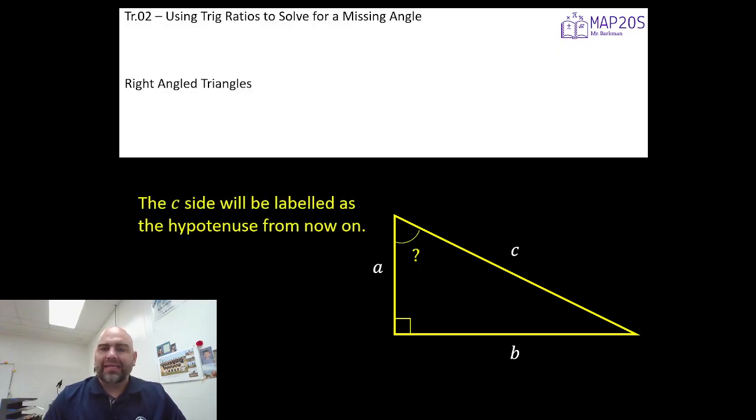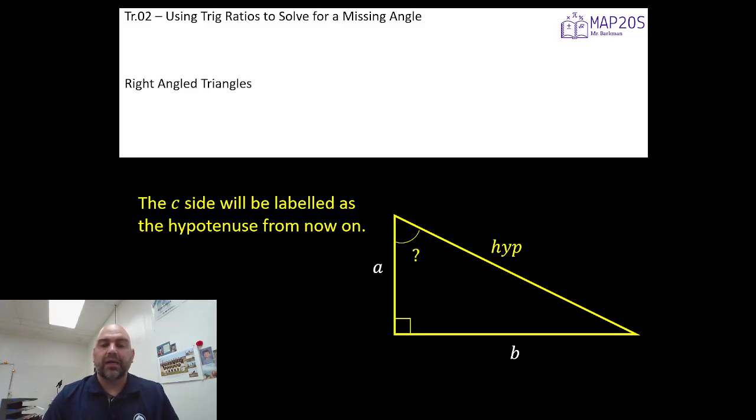First of all, we're going to look at the C side. C is a very specific side of our triangle. You may already know, and you can see on the screen, that we're going to call this our hypotenuse, which represents the longest side of the triangle. For the sake of simplicity, I'm usually going to shorten this and just leave it as HYP.